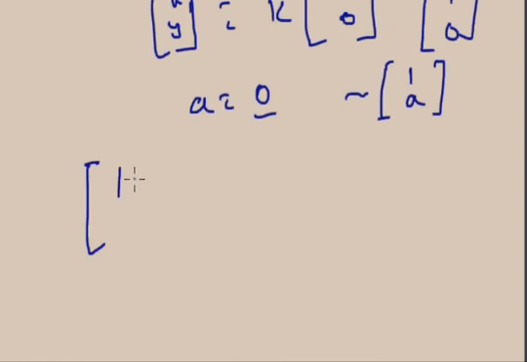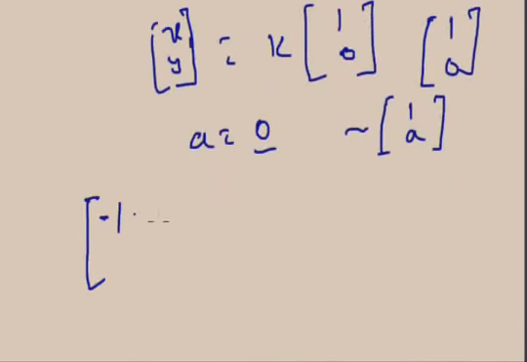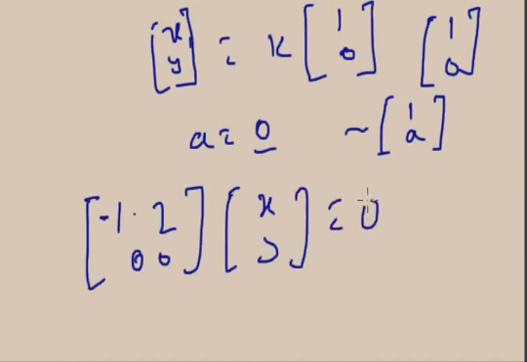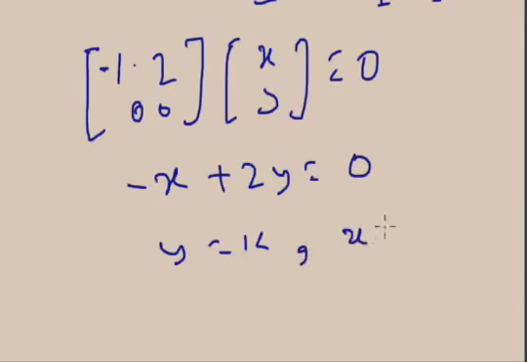So minus 1, 2, 0, 0 into x, y is equal to 0. This means minus x plus 2y is equal to 0. So if y is equal to k, x will be 2k.